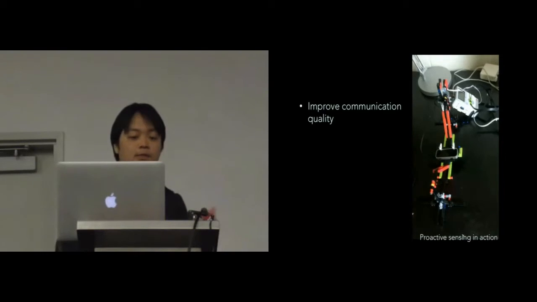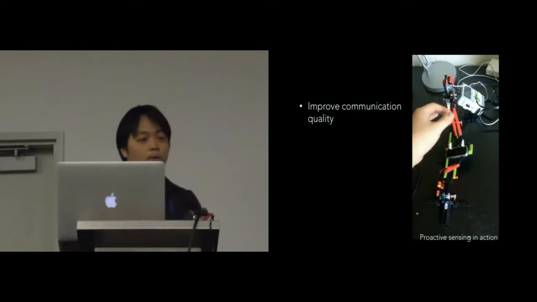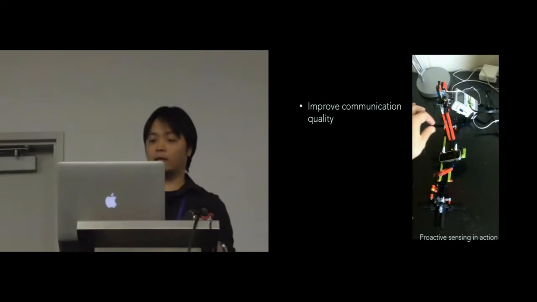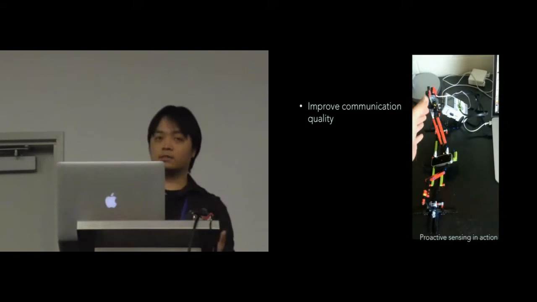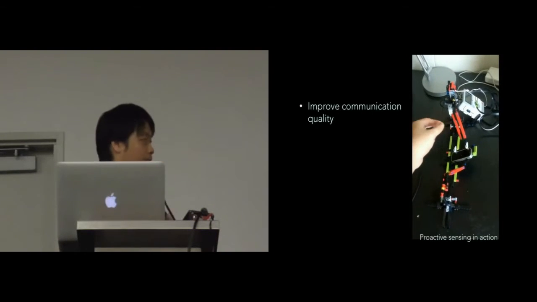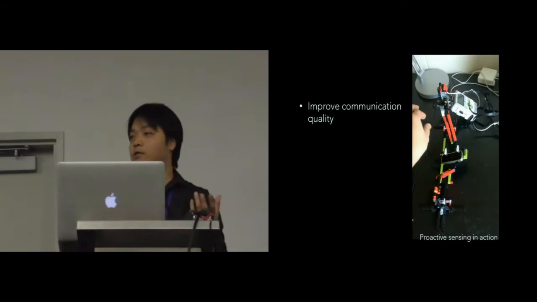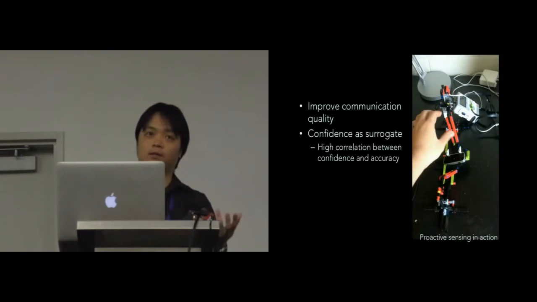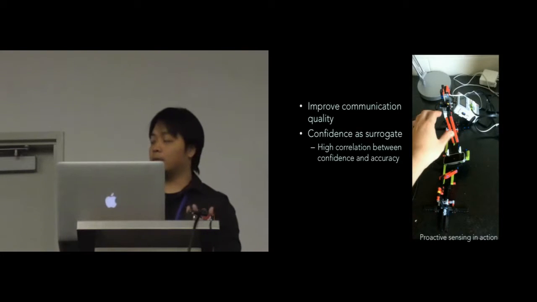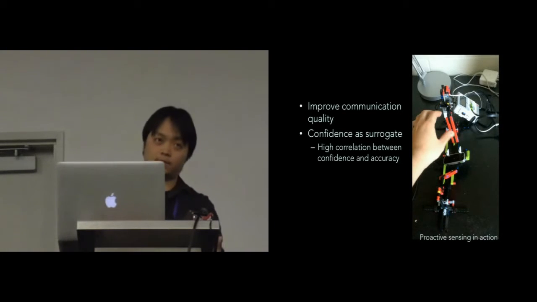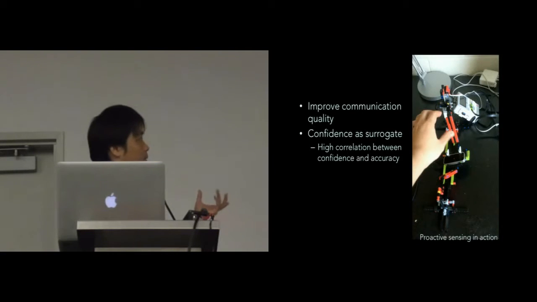Our goal is to improve or maximize the overall communication quality on this proactive platform. In order to get the communication quality, first we use the confidence value that we obtained from the Leap sensor. We did some experiments about this confidence value.